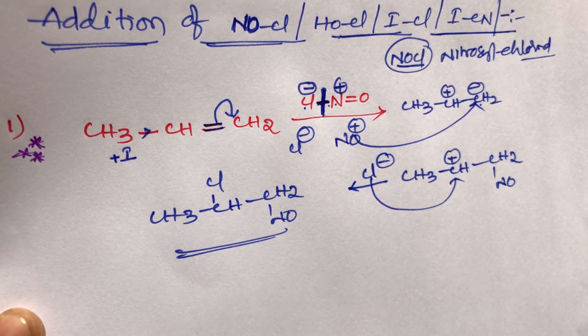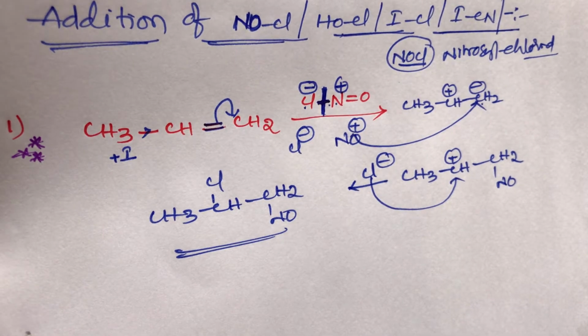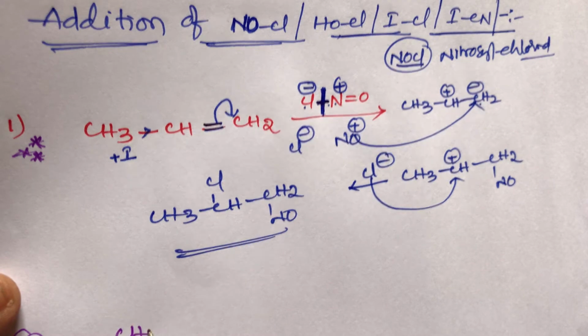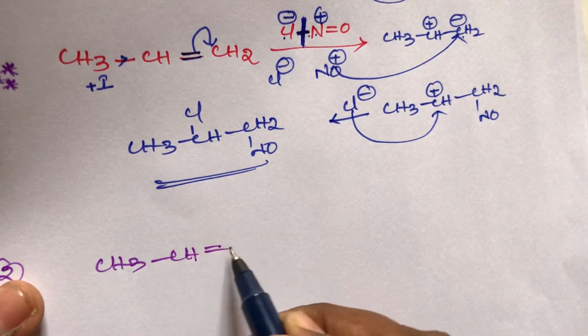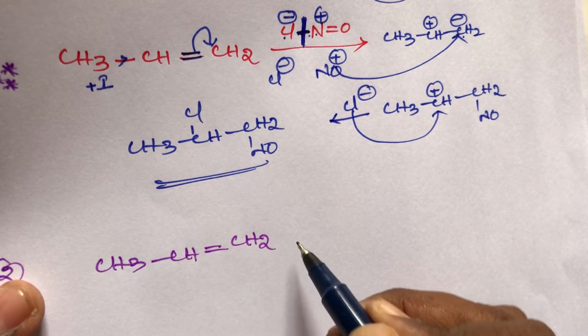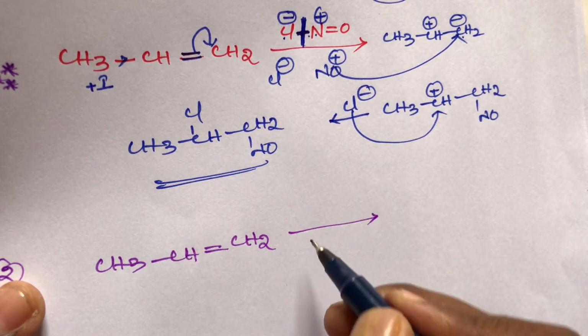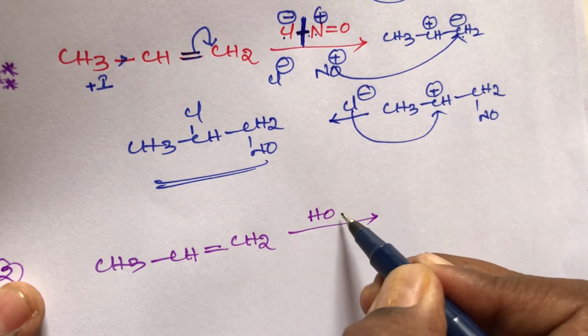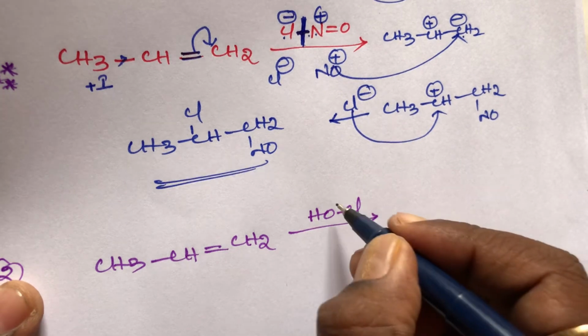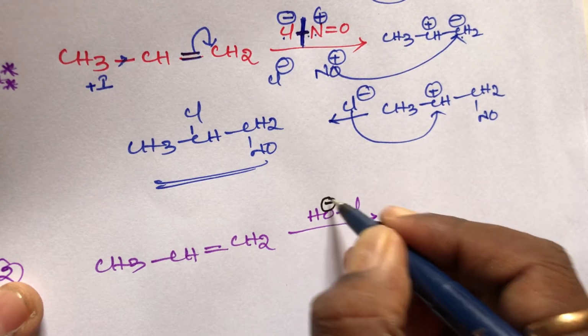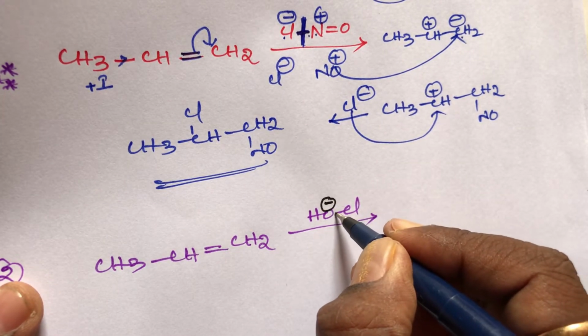Now the second application: CH3 CH double bond CH2 reacts with hypochlorous acid, HOCl. What is the product, students? In HOCl, the bond is between oxygen and chlorine.